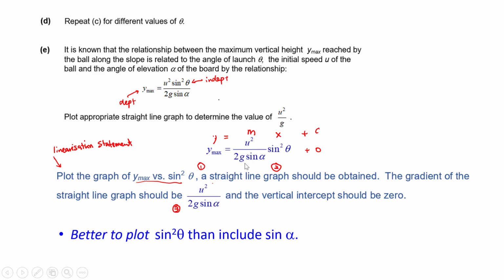I did note that quite a lot of you, because you wanted to look for u squared over g, decided to plot sine squared theta over 2 sine alpha. That's allowed, but it's not recommended, because there will be a lot more computation compared to sine squared theta, and there's a greater tendency to make mistakes.